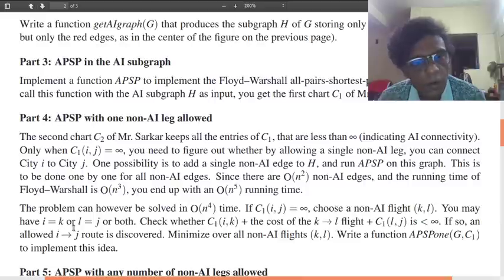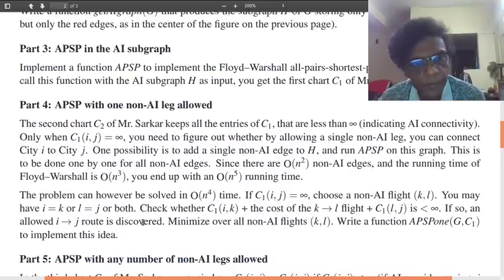Go from i to k via chart 1, then take the k to l flight, which is a blue, non-Air India flight. Then once again from l to j by Air India, available from chart C1. And minimize over all possible non-AI flights k, l. It is allowed to have i equal to k or l equal to j or both.